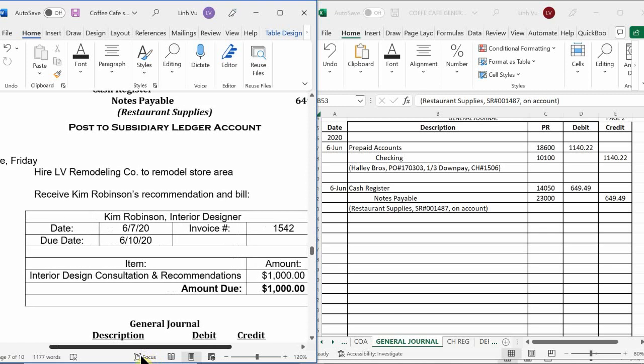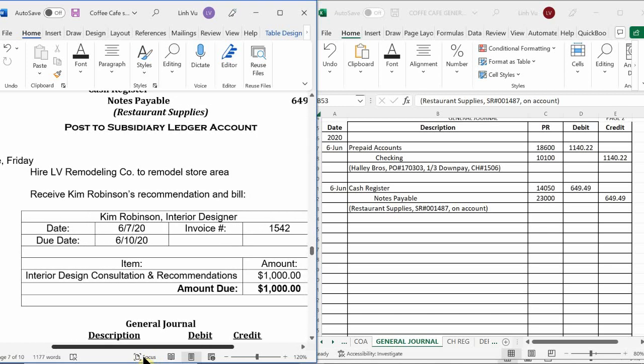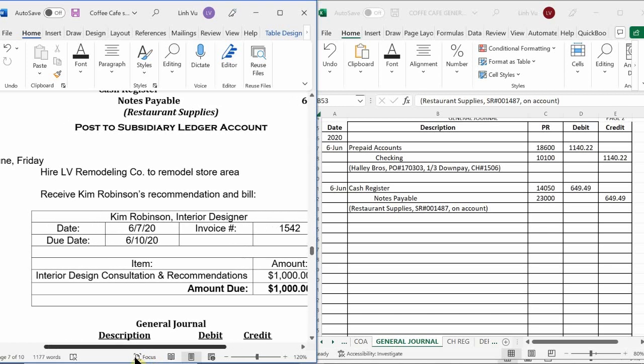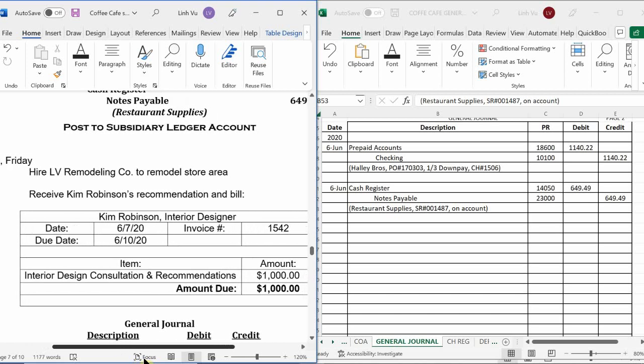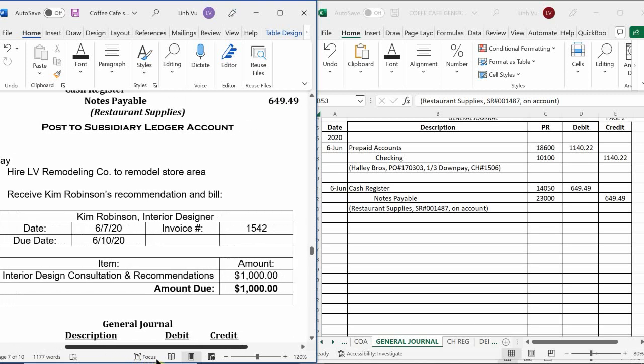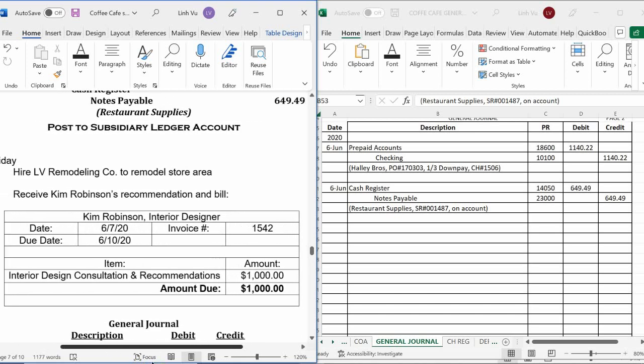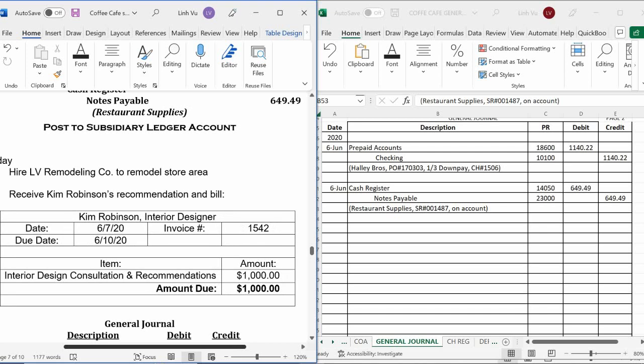Here is the date she issued this bill to me, the 7th of June. The due date is the 10th of June. Invoice number 1542, interior design consultation recommendations for $1,000. So the amount due here is $1,000.